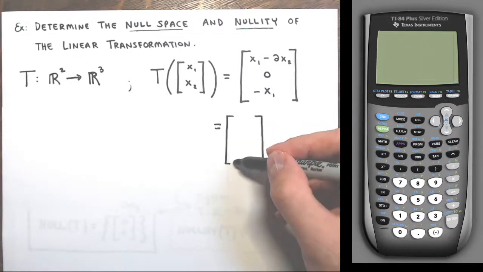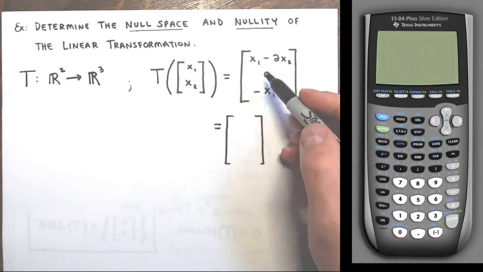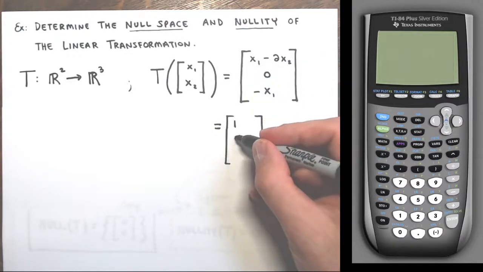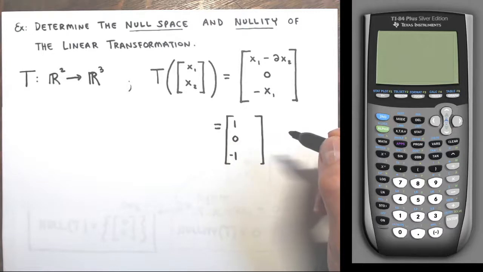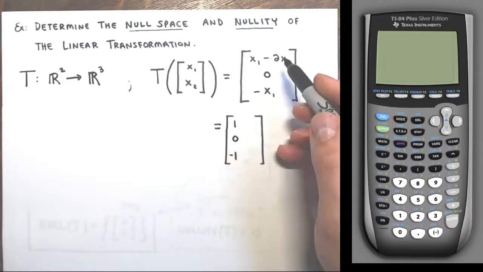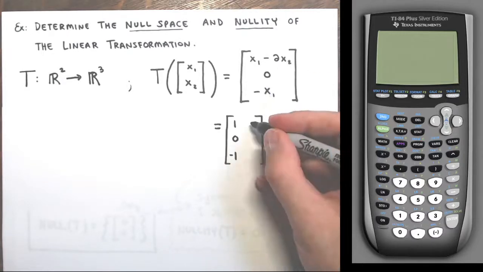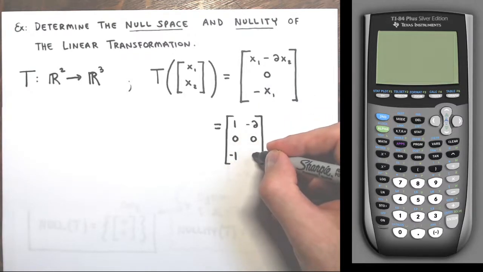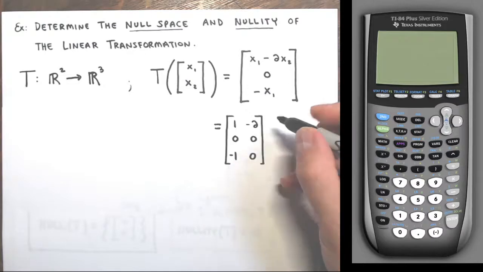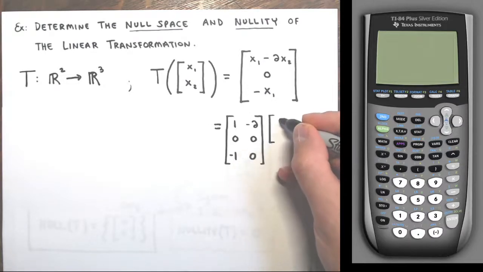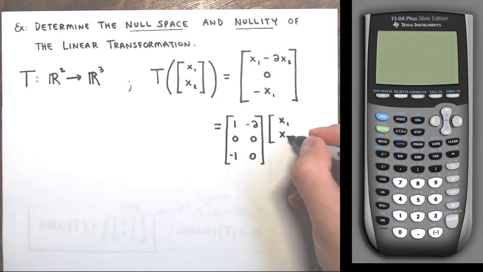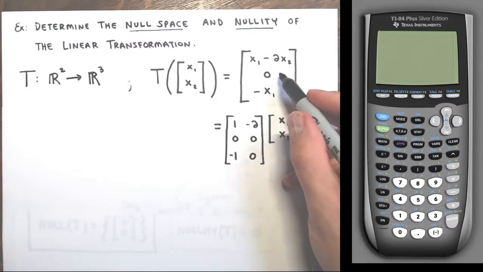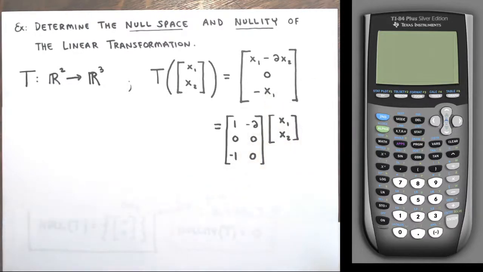Down the first column go the coefficients of x1 in each of these components, so 1, 0, and -1. Down the second column will go the coefficients of x2 in these components, -2, and then 0, and then 0 again, multiplied by the input vector, x1, x2. You can double check and multiply these two and make sure you get this 3 by 1 matrix back up here, but it should be good.